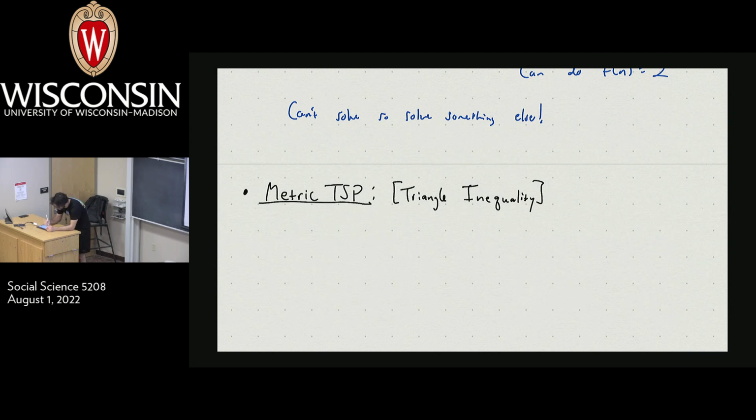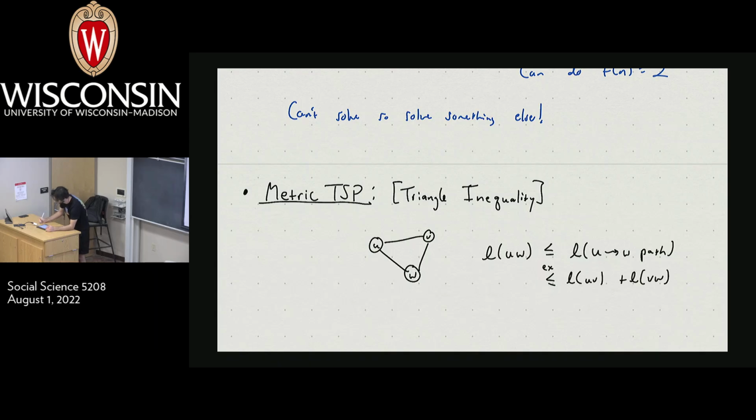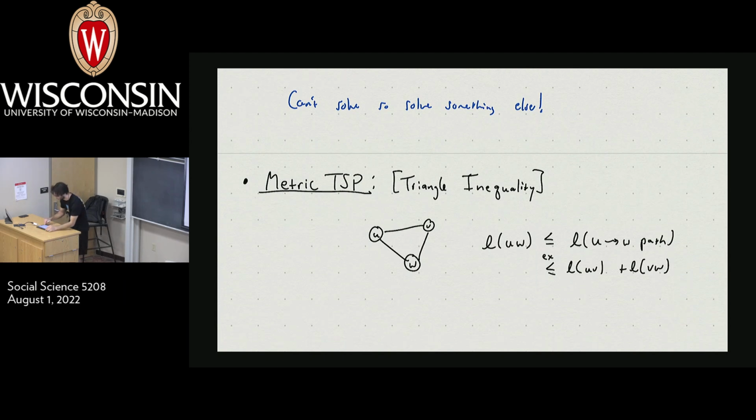So if you ever have some nodes U, V, and W, it always has to be the case that the length of the edge from U to W is at most the length of any path from U to W. In particular, one example would be the length of U to V plus the length of V to W. So in other words, it's faster to take a direct route than to take an indirect route. So direct routes are always faster.